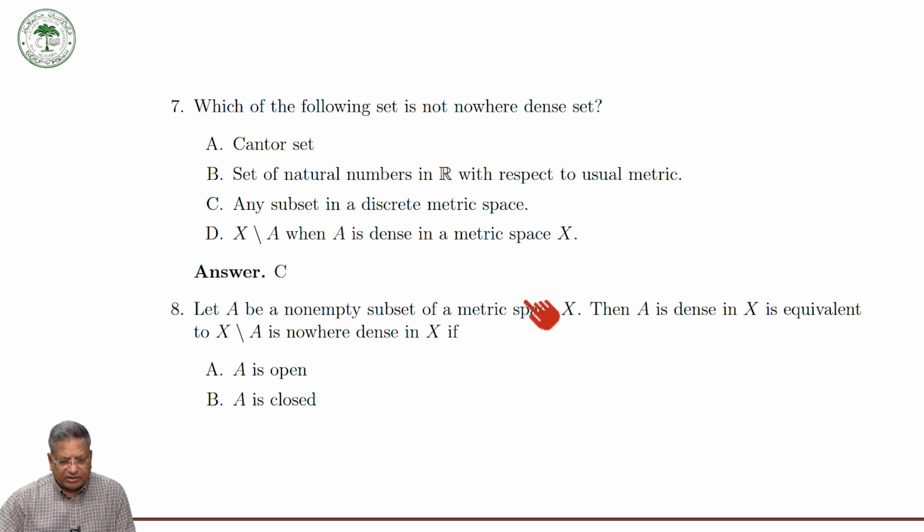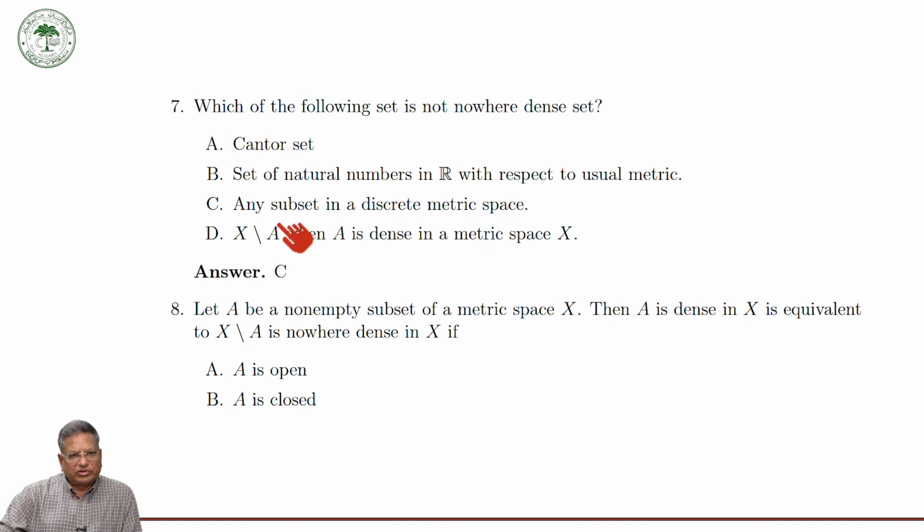Any subset in a discrete metric space. Because any subset in a discrete metric space is closed as well as open. So the closure of the set A is A, and the interior of A is A. So you will get it is equal to A. It is not equal to empty set.